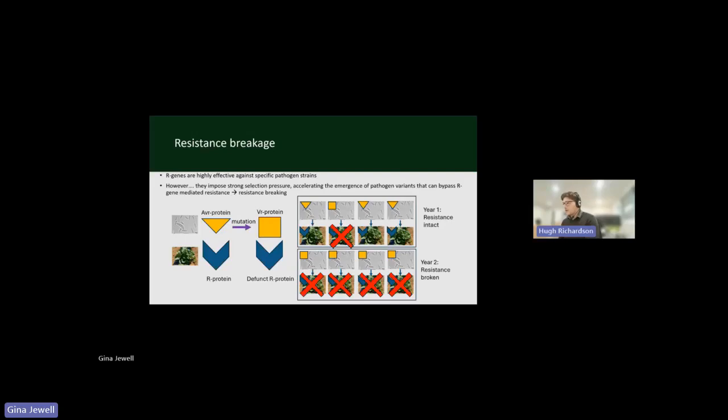So if you can imagine, you've got a mutation that occurs in your AVR protein, which makes a virulence gene virulent again in a pathogen. You no longer have recognition in your R gene, in your host plant.